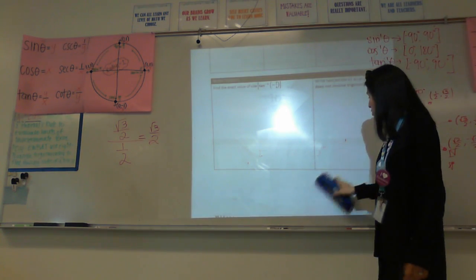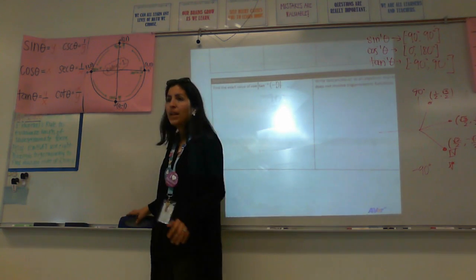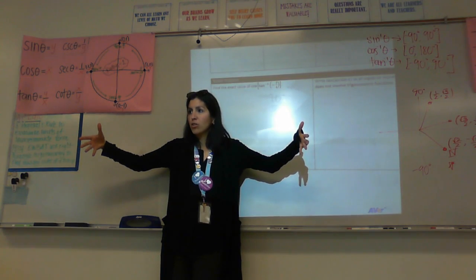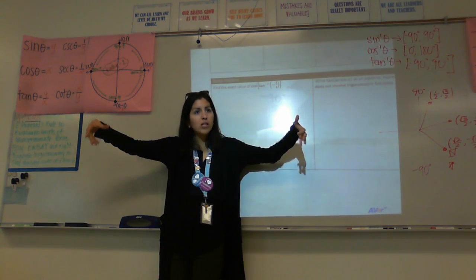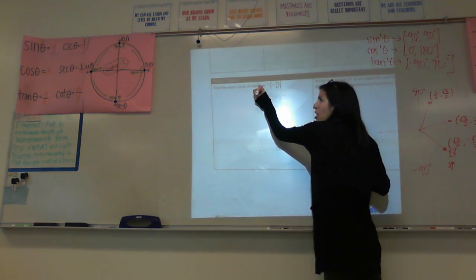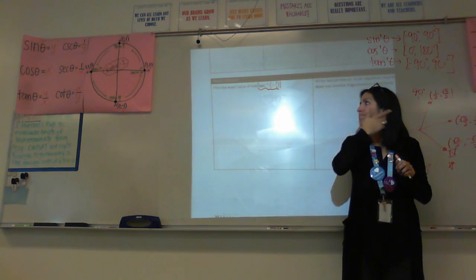When I did this with first period, they remembered back from algebra that when I see complex expressions like this, I should start on the inside and work my way out. Do you agree with that sentiment? Work your way out, kind of like unpack the expression. So I'm starting with the tangent inverse of negative 3/4.